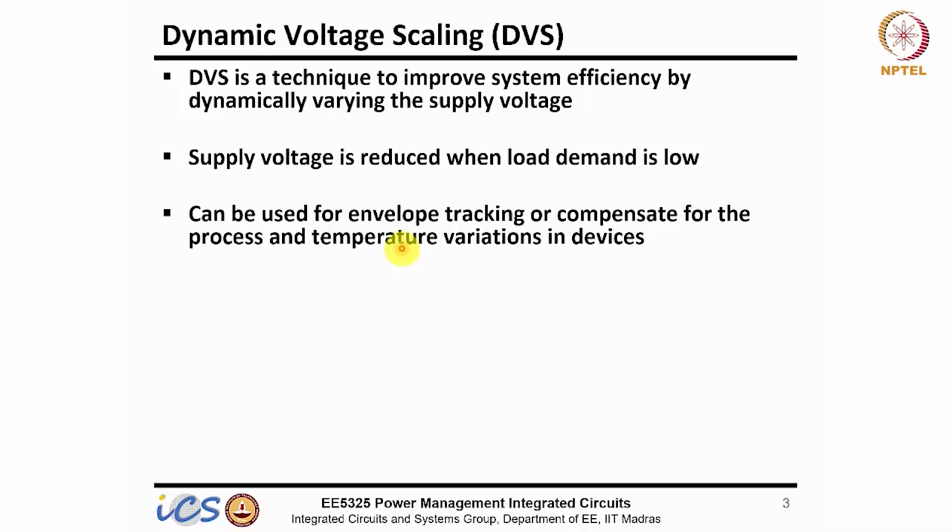You want to make sure your timings are met at the slowest corner, which means when you go to the fast corner, your circuit is now over designed. So you'll oversize all your transistors, everything, and you will be burning more current in the circuit.